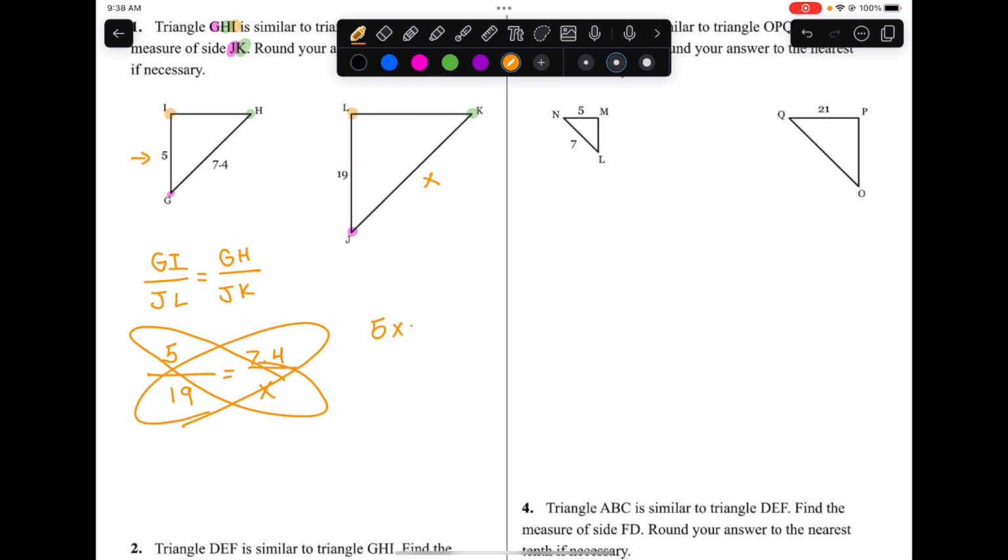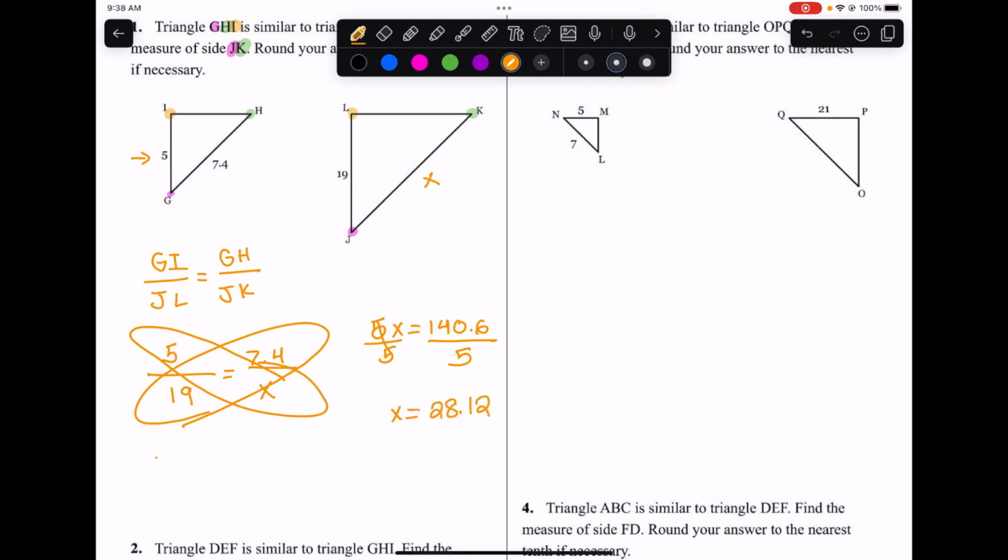So I have 5x is equal to, let me grab a calculator so I don't mess up doing mental math, 7.4 times 19, which gives me 140.6. Last step, divide by 5 to get x is equal to 28.12.